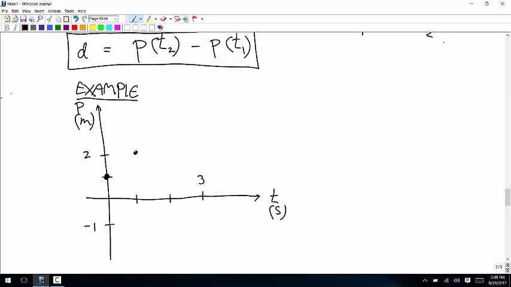And then at time equals 2 seconds, the object is at -1 meter. And then finally at 3 seconds, the object is at 0 meters. And I'll just fill all these in. So the path looks like that.